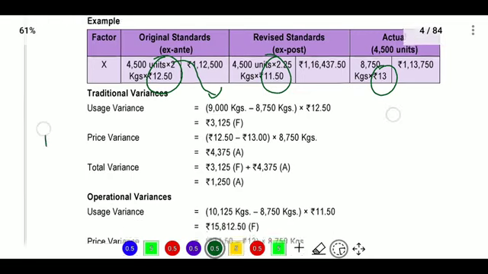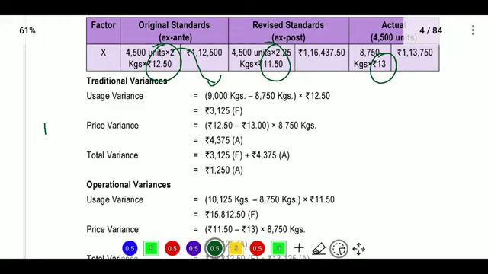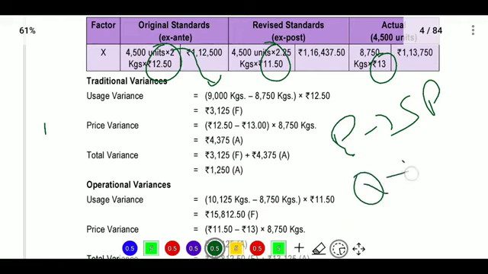If you are going for traditional variance, firstly for price, if you are multiplying with price, always take the standard price. Next, if you are multiplying with quantity, always take the actual quantity. This is the thumb rule.